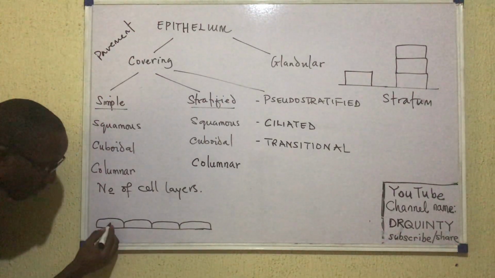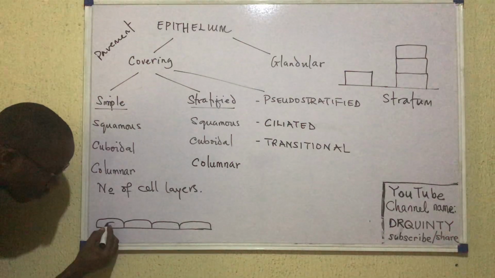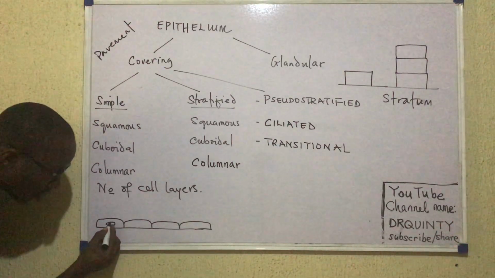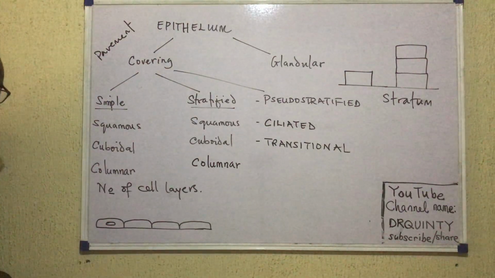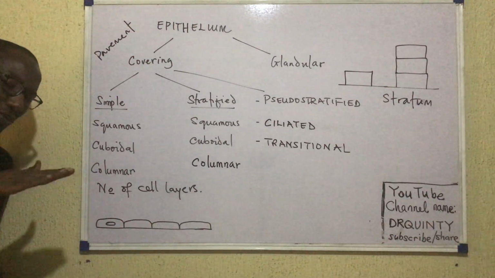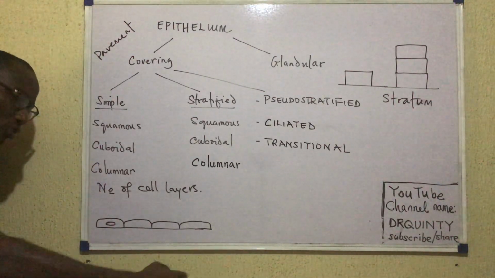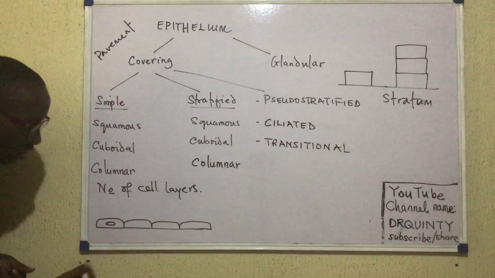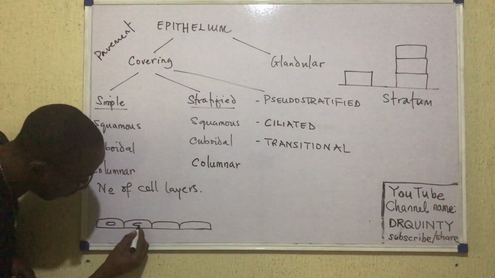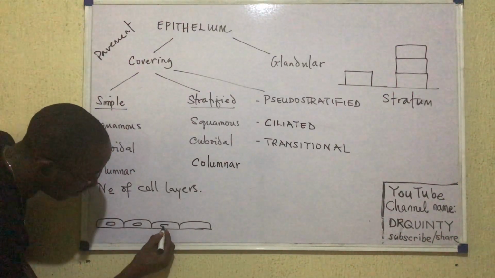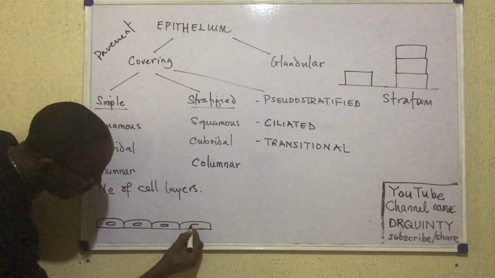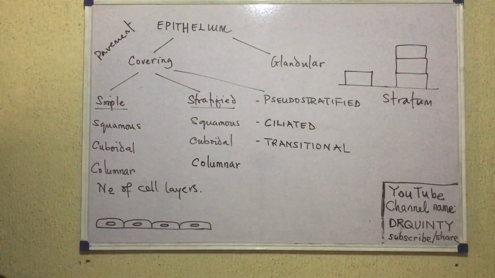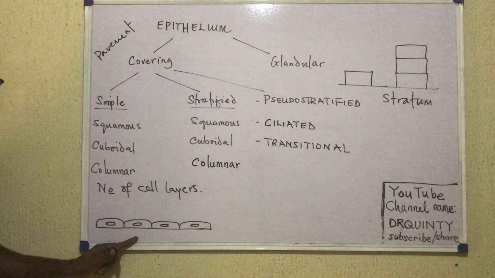And their nucleus is shaped similarly too. See the nucleus. The nucleus appears to be oblong. The nucleus appears to be flattened and stretched from left to right. So the nucleus is flattened like that, of course, to match the shape of the cell itself. So this is how the nuclei appear. So this is what squamous epithelium is like.